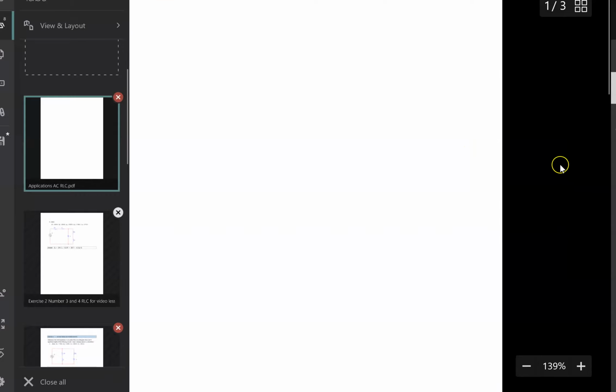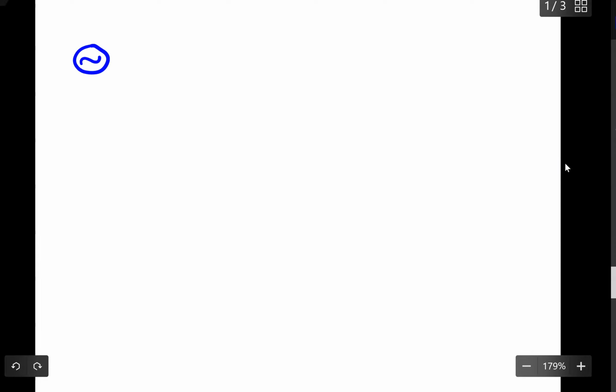Okay, so I have an AC source. On this AC source, I generate a frequency. I connect with this a resistor, and then an inductor in series with each other.